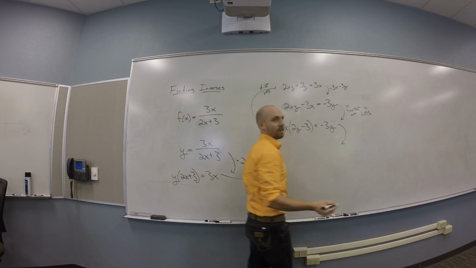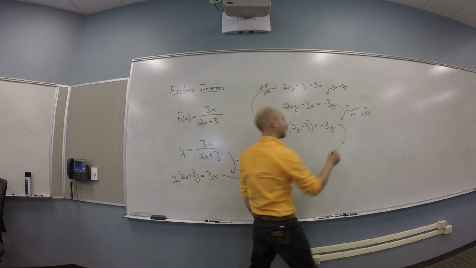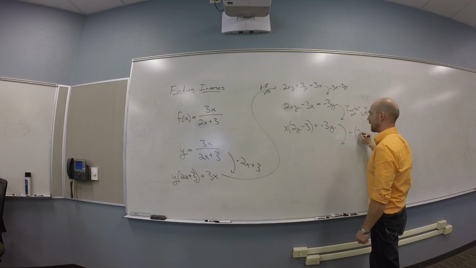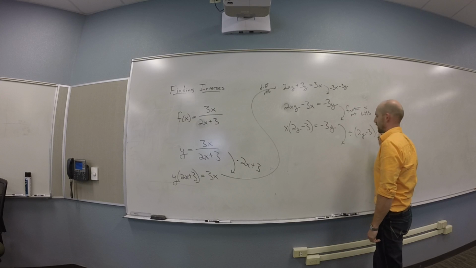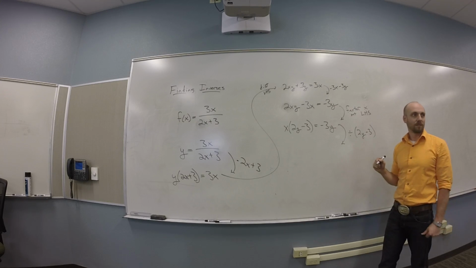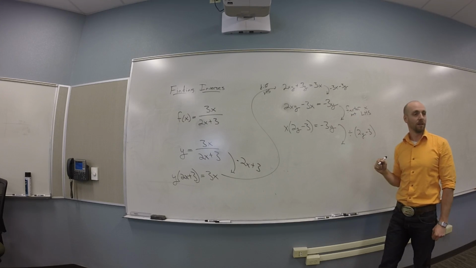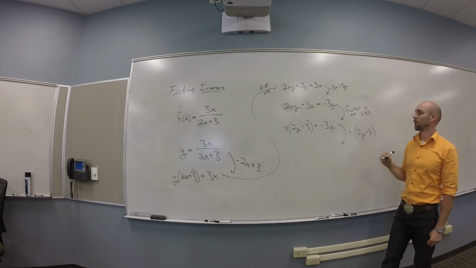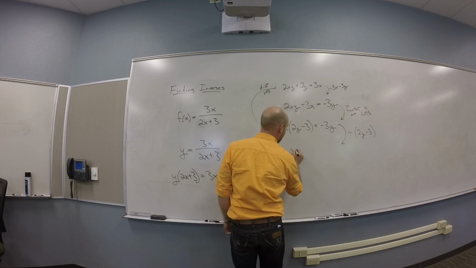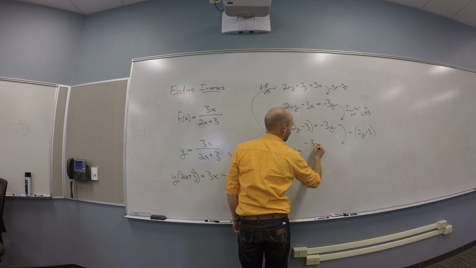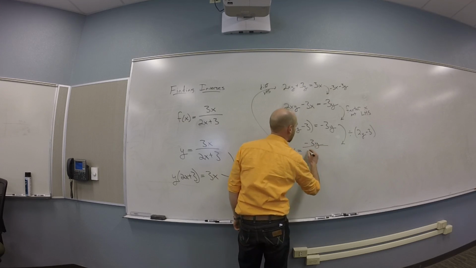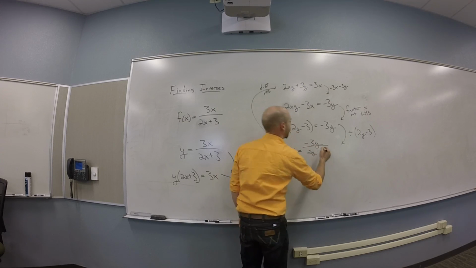Then we're going to divide by 2y minus 3. You guys all see that? So I'm going to get x is minus 3y over 2y minus 3.